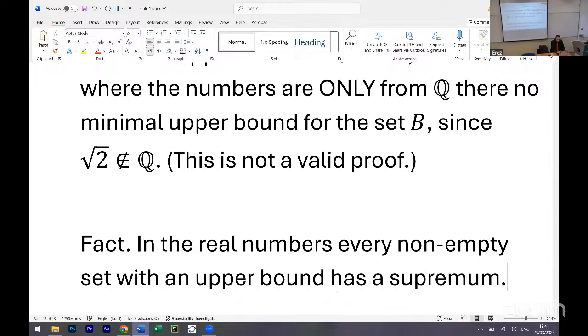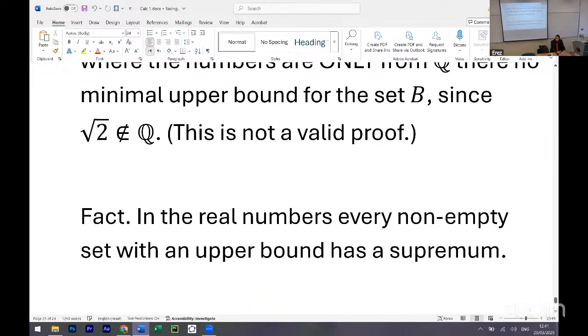In the rational numbers, it's false. In the real numbers, it's true. We will use it. In order to prove it, we have to actually define the real numbers, which is a lot of work. And whoever wants to read about it, read about Dedekind cuts. But for our course, we just assume that it is true. And we use this back then.